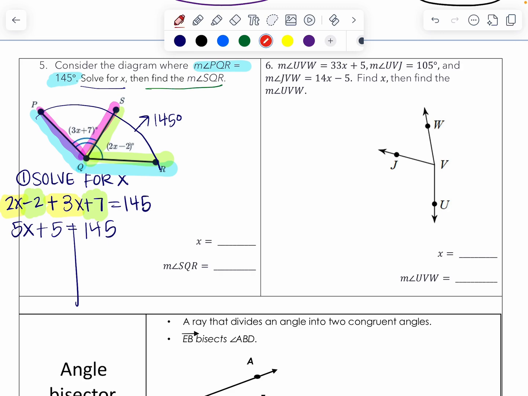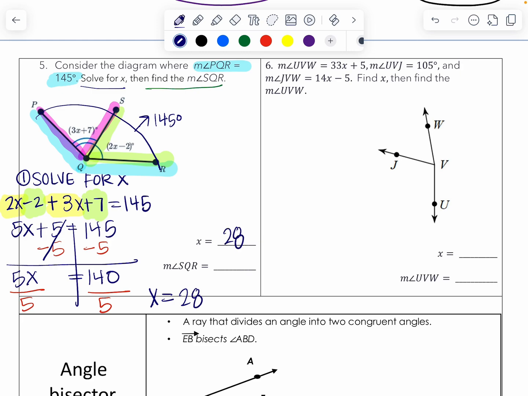Now our goal is to eliminate this positive 5, and we can do that by doing the opposite. So we're subtracting 5 from each side. Those 5s eliminate. So we'd have 5x is equal to 140. Then we would divide each side by 5, and x would be equal to 28.